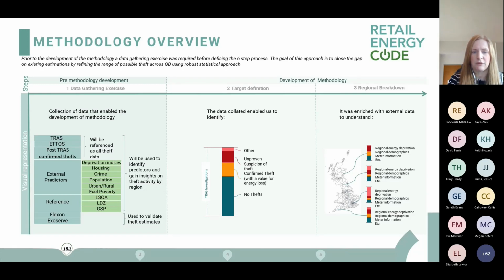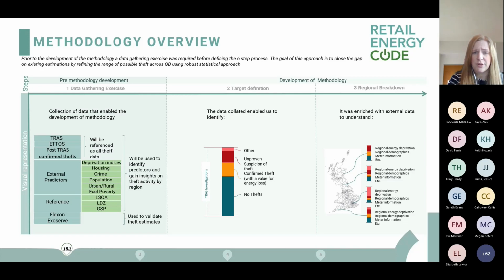That's the investigations that were submitted for the incentive scheme post September 21. Across these, there was some duplication between the ETOS and the TRAS data, because one was the lead and the other one was the actual outcome of the investigation.